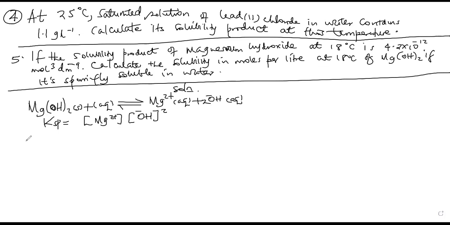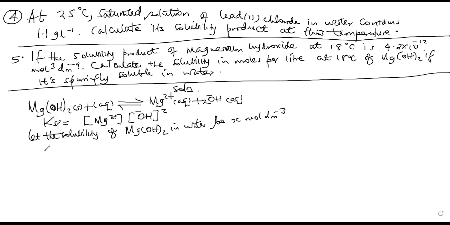If we let the solubility of magnesium hydroxide in water be X moles per decimeter cubed, then the concentration of Mg is X moles per decimeter cubed, and the concentration of hydroxide will be, from the reaction ratio, twice X.